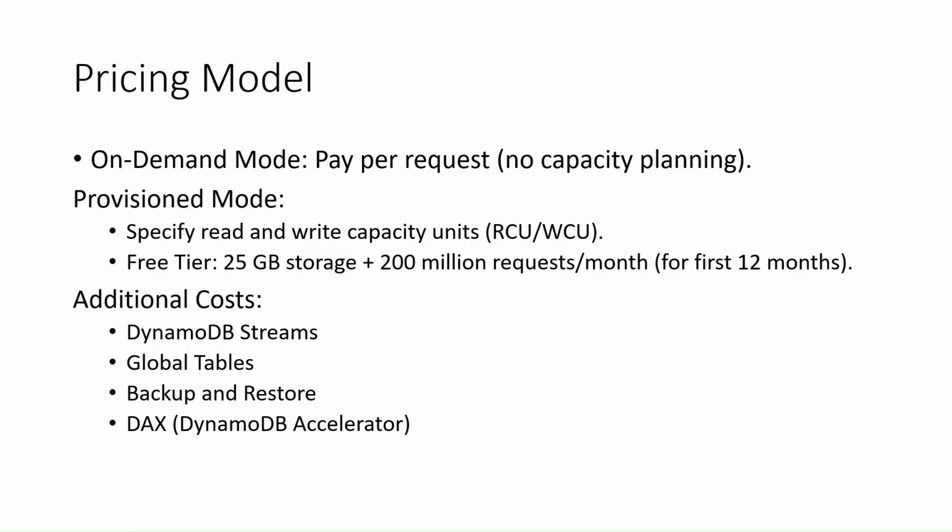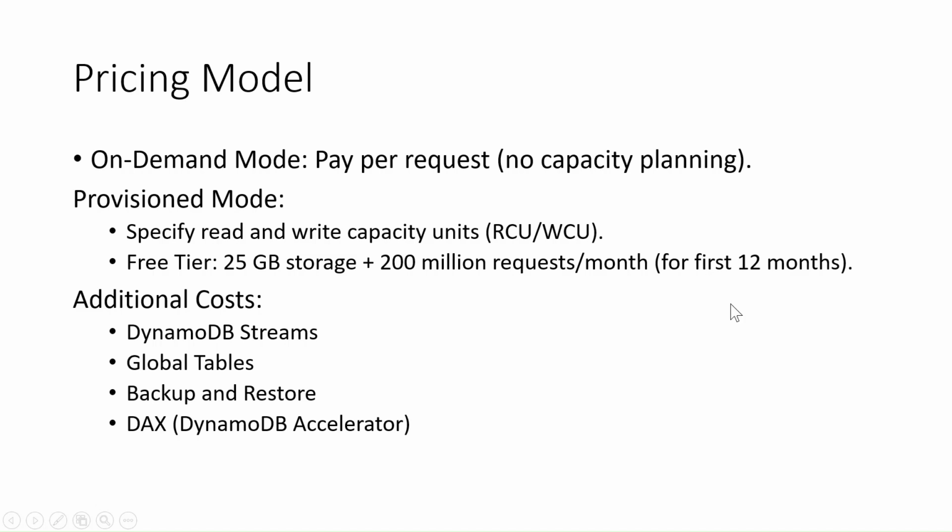There is also a feature called the free tier: 25 GB storage plus 200 million requests per month for first-time users. In the free tier, AWS will provide 25 GB of storage, plus you can send 200 million requests per month, only for the first 12 months.